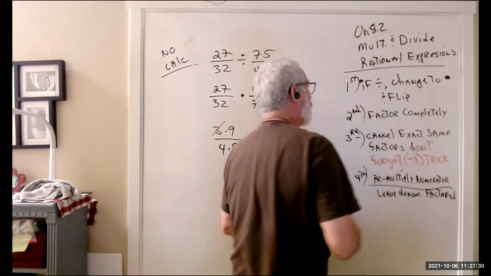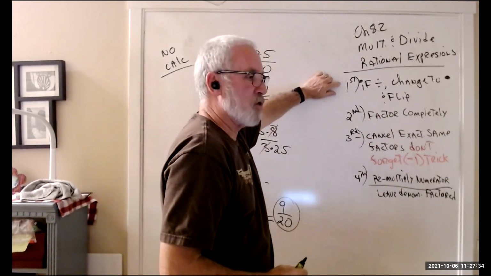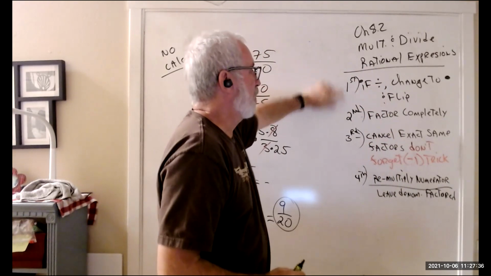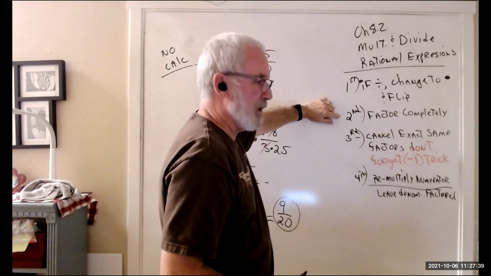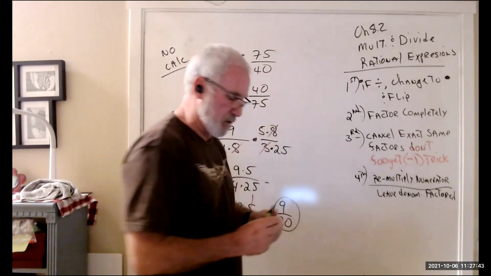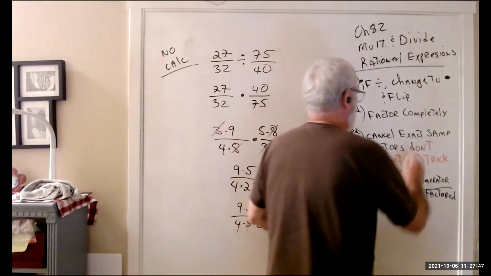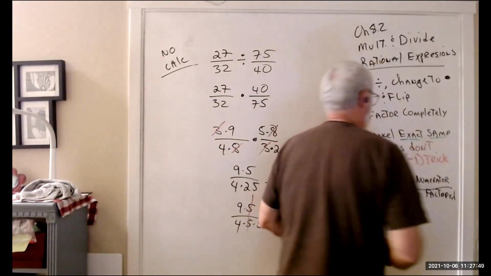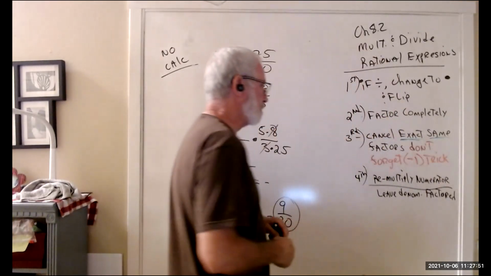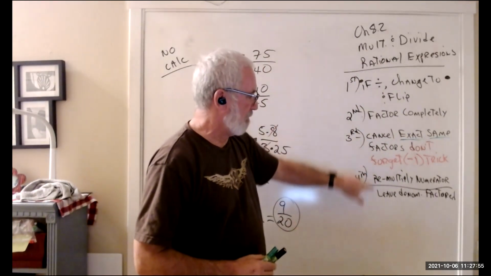So first, if it happens to be division, we can change it to multiplication and flip. Second, we're going to factor everybody completely. Third, we will cancel exact same factors. That's exactly what we did in chapter 8.1. And we have the -1 trick from 8.1.